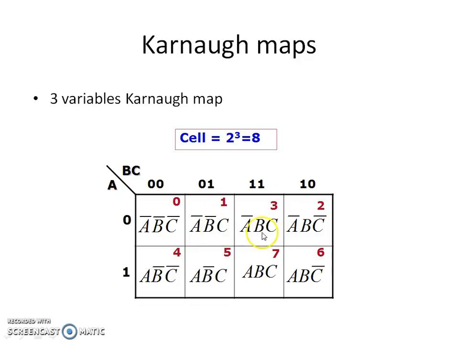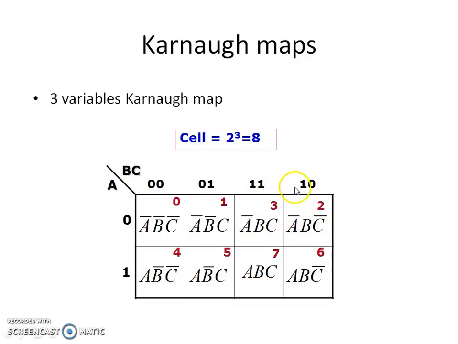Just look here. Here a bar, b bar, c, and the next cell a bar, b, c. Here a bar and c are common. We can take them common, leaving b bar plus b. So only the variable b is varied here: b is equal to 0 and b is equal to 1.